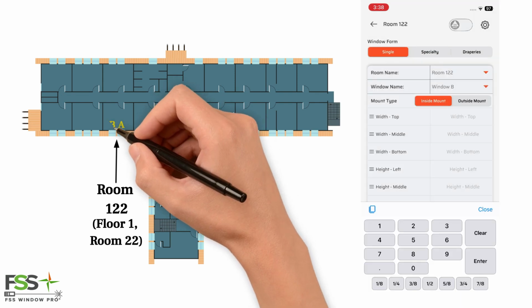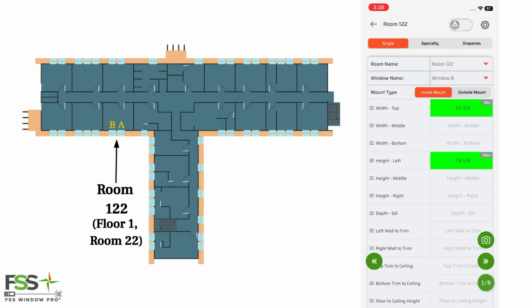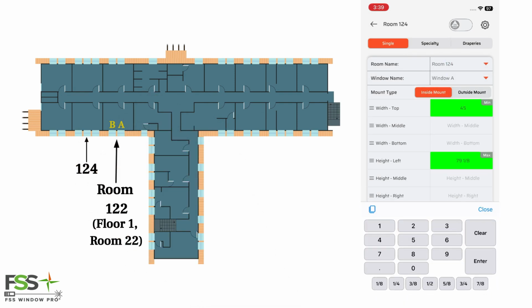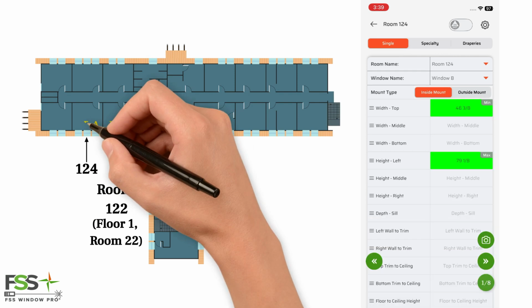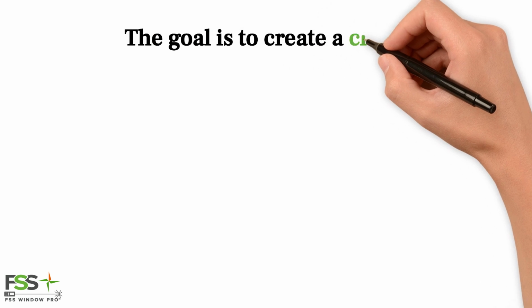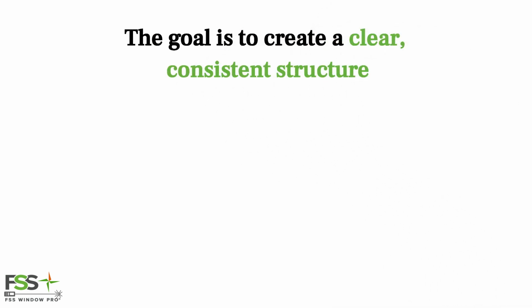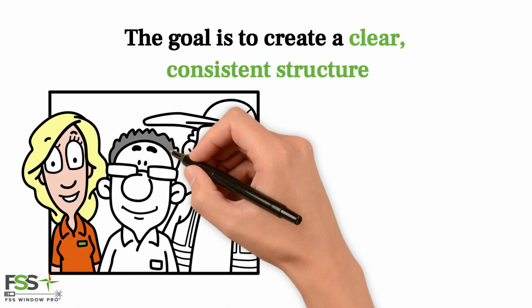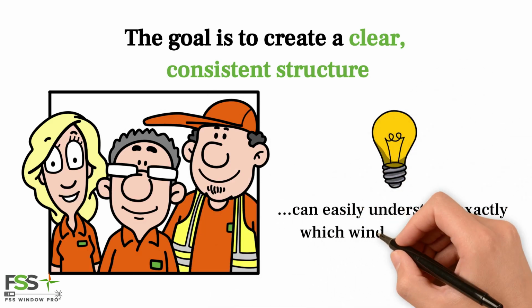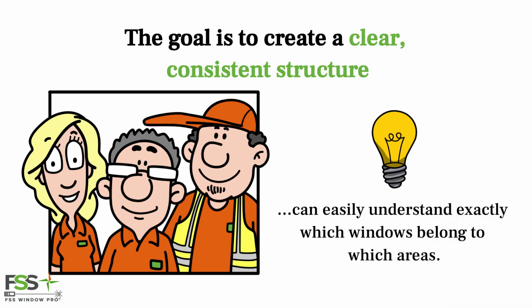Inside that room, you simply capture window A and window B. Then you move to the next room, maybe room 124, and record window A, window B, window C. The goal is to create a clear, consistent structure so that your installers, office staff, and project managers can easily understand exactly which windows belong to which areas.